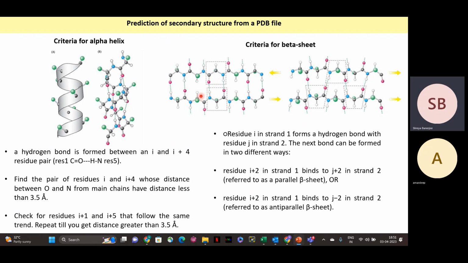Once more, you first identify the CO and NH atom numbers, and the PDB file will give you the coordinates of these atoms. Using the XYZ coordinates, you can find out the distance, and if the distance is less than 3.5 angstrom, there is a hydrogen bond. Now, if the hydrogen bond is like this, the case shown in this first example, then it is an anti-parallel beta sheet. And if it is like this, as shown in the second example, it is a parallel beta sheet. So the secondary structure can be predicted from a PDB file.